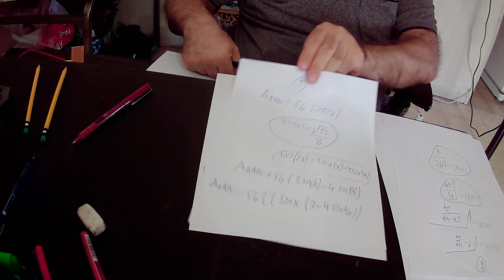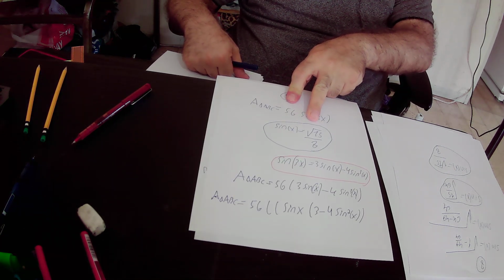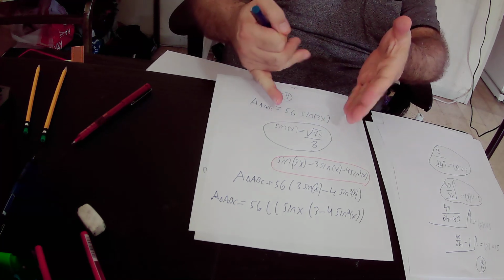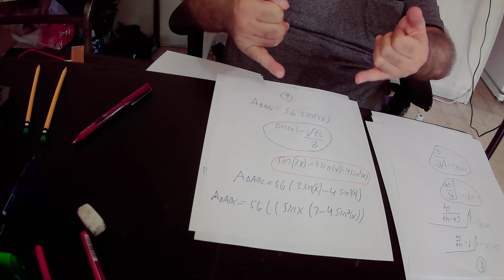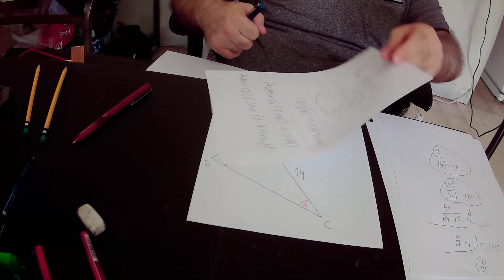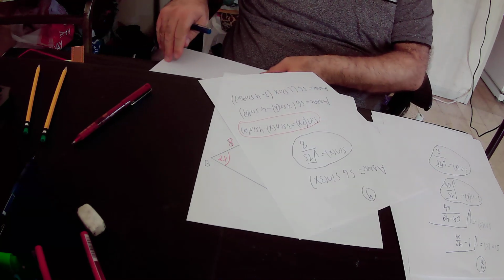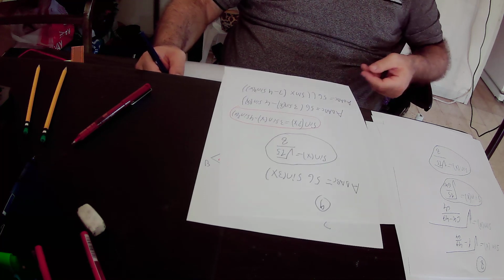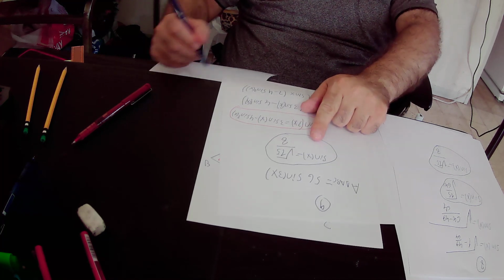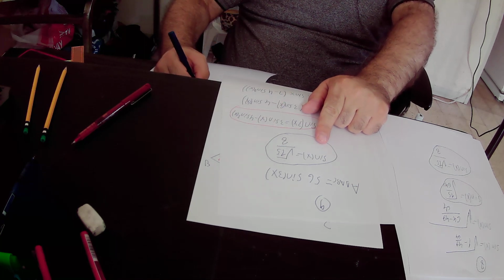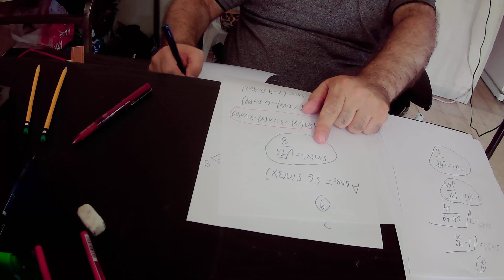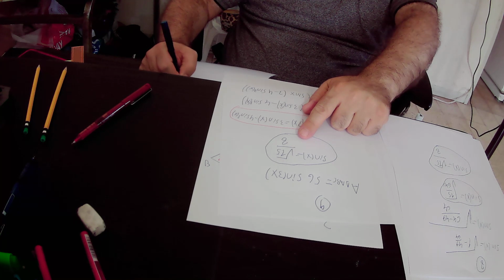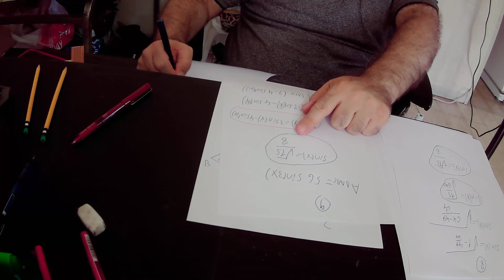So if sine x equals root 15 over 8, we can square this equality in order to get the value of sine square x. If we square this equality, the value of sine square x will be equal, root 15 squared is 15, over 8 squared is 64.